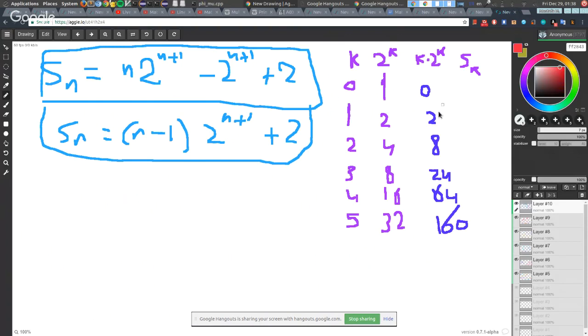And S_k is basically the summation of this so far. Here is 0, here's 2, here's 10, and 34, and 98, and 258.